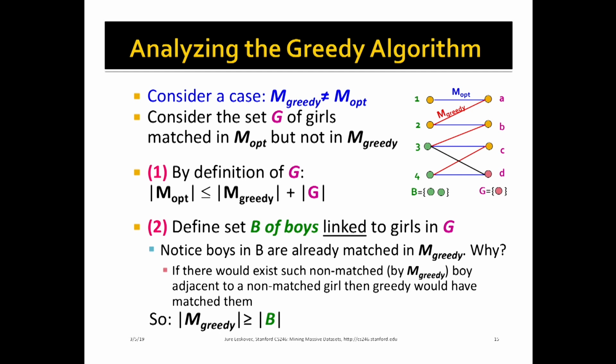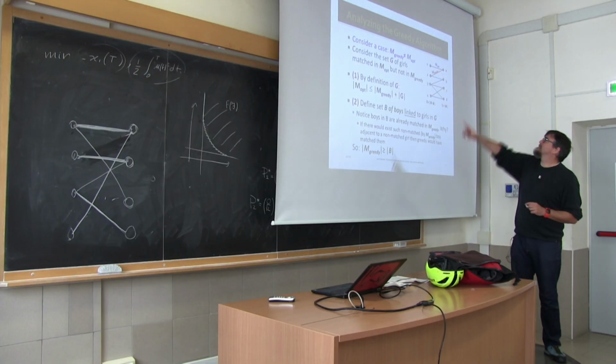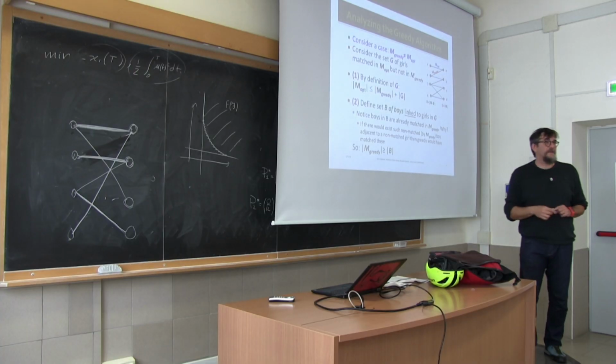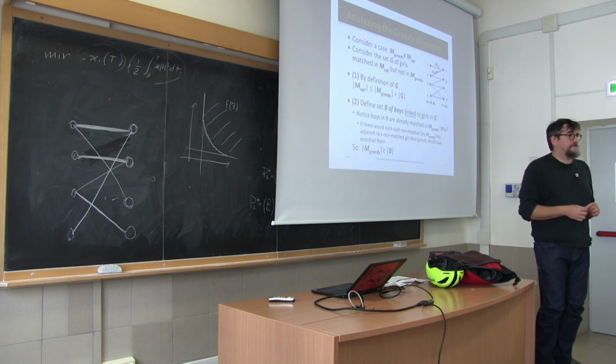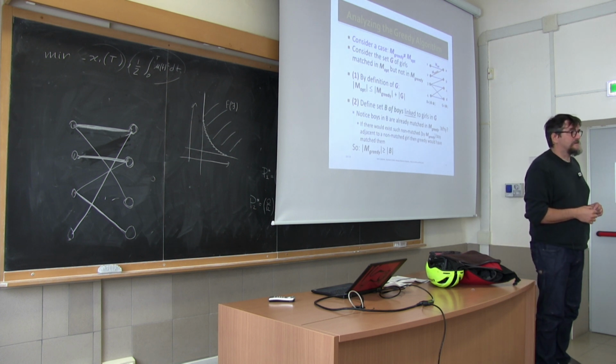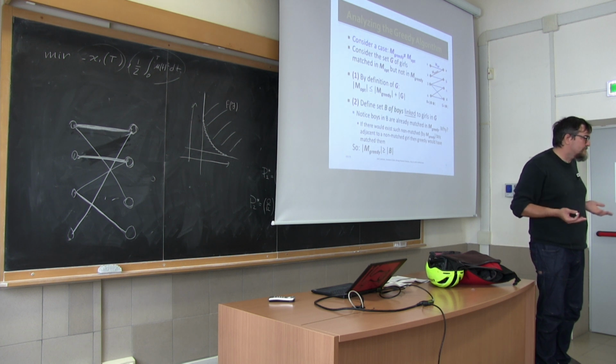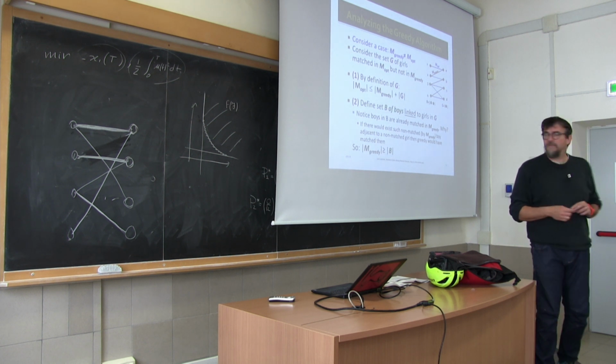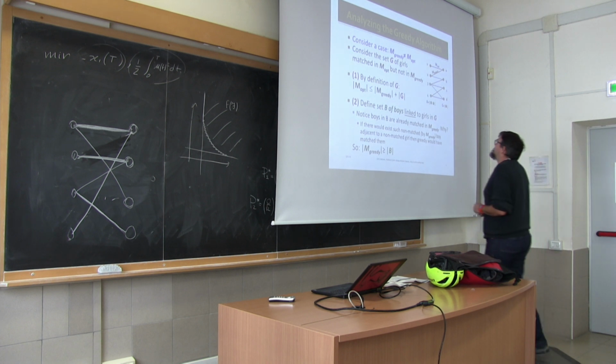Let's consider the set G of the girls that are matched by the optimum but are not matched by the greedy. This exists because the cardinality of greedy is different from the cardinality of the optimum, and by definition, the optimum is the one with the best performance. So G is this graph.